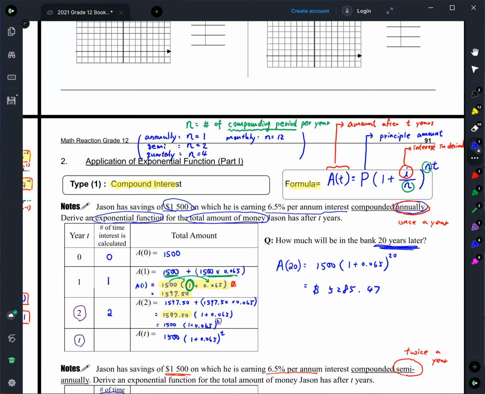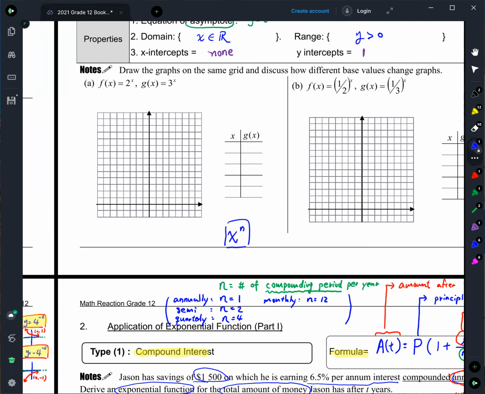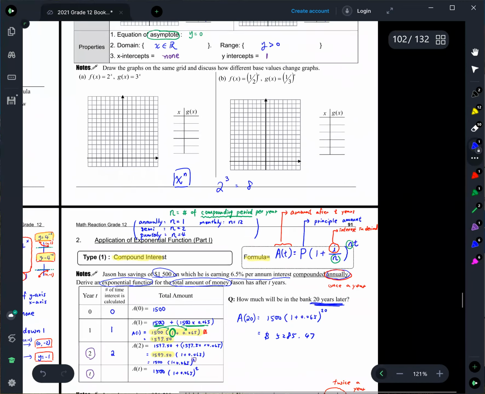Usually the button will look like, because I can't really see your calculator, X to the N. I have an X to the Y. Yeah, X to the Y will work. You can try it out: type 2, then press the button, and then type 3. See if you get 8. Yes. Okay, then that's your exponent button.